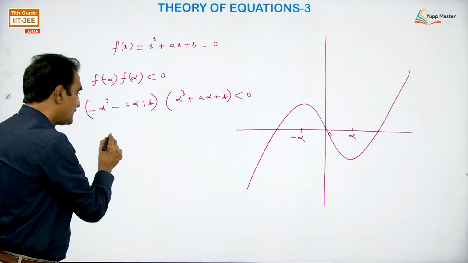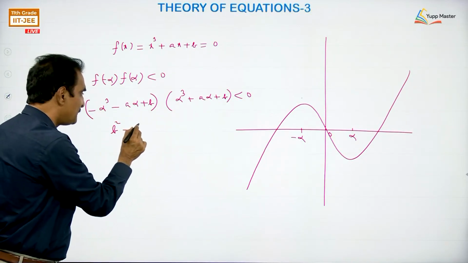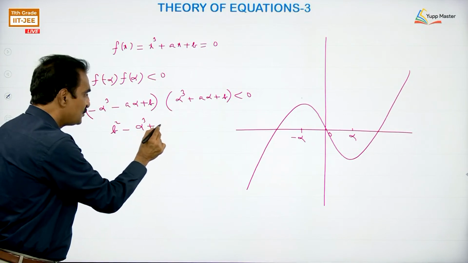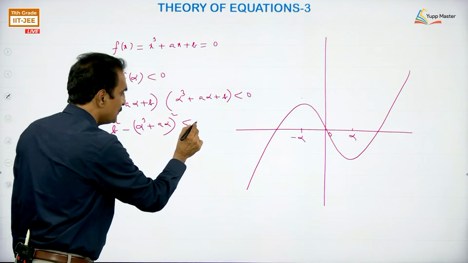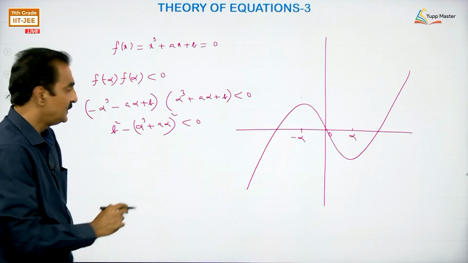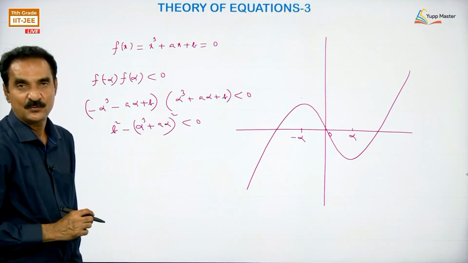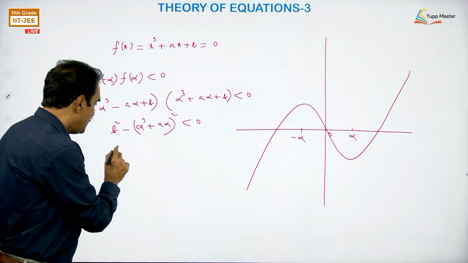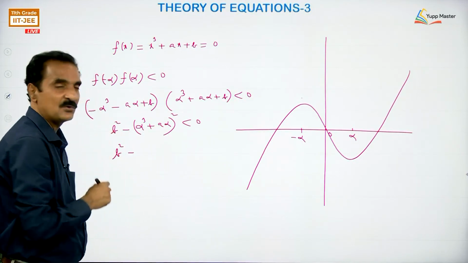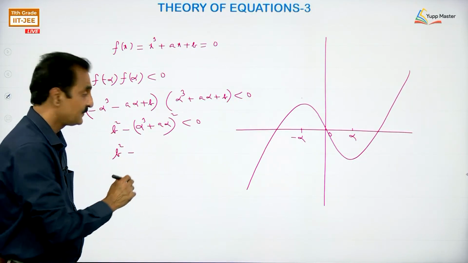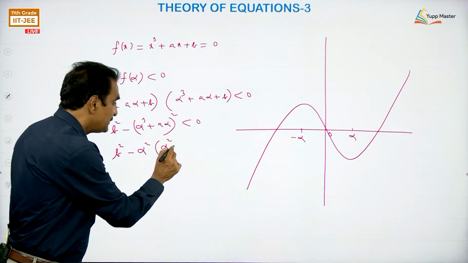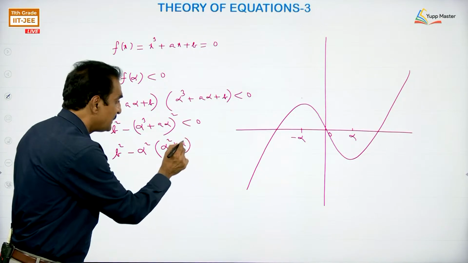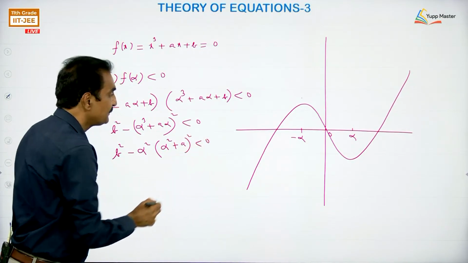Multiplying them, we will get b square minus of alpha cube plus a alpha whole square less than 0. Take alpha common from these two: b square minus, if alpha comes out, it becomes alpha square, into, inside we get alpha square plus a, whole square, less than 0.